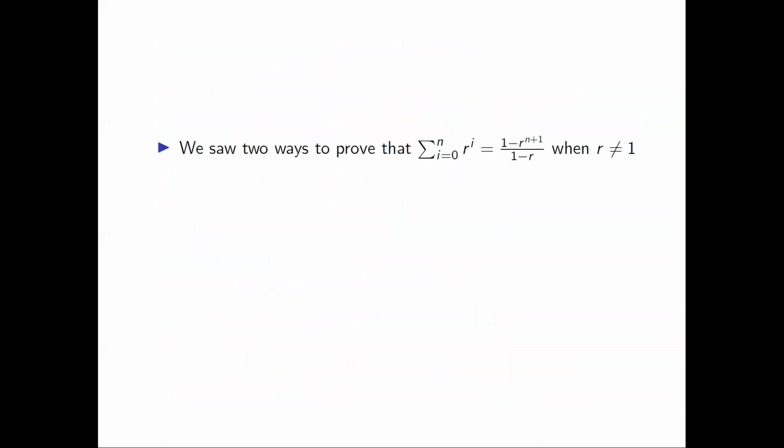So, on the previous slide, we saw multiple ways that you can prove that the sum from i equals 0 to n of r to the i is equal to 1 minus r to the n plus 1 over 1 minus r, as long as r is not equal to 1. Suppose that the absolute value of r is less than 1.